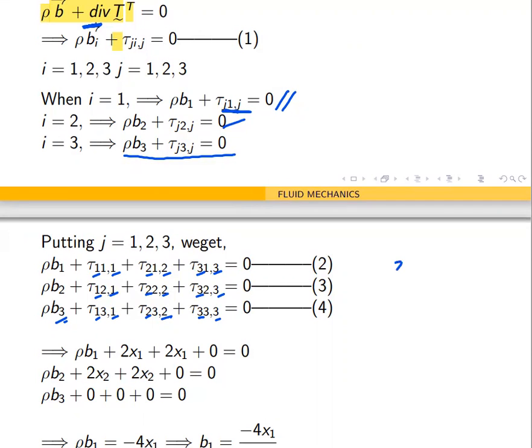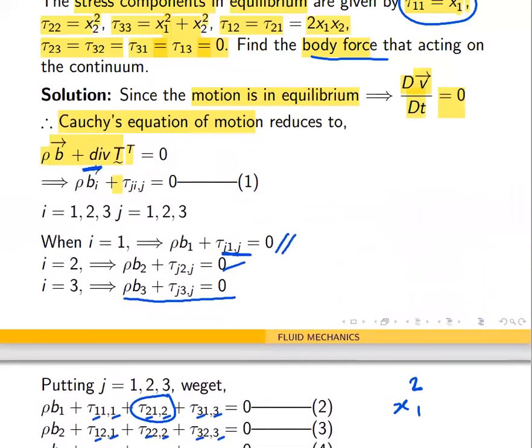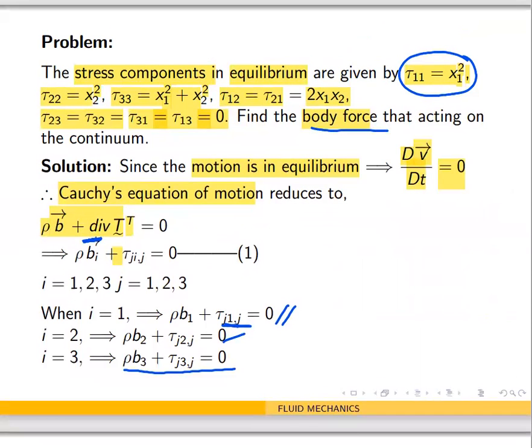Let me write it here. We have x1 square, and when we differentiate with respect to x1, it is nothing but 2x1, plus as it is. Next in equation 2, I have tau 21 comma 2. Let me see what they have given for tau 21.